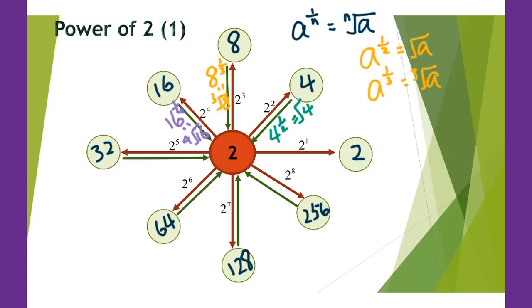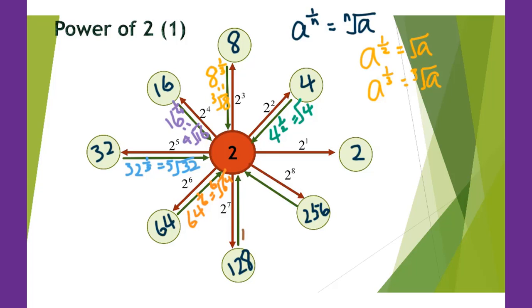For 32 to the 1/5 power equals 5th root of 32 equals 2. For 64 to the 1/6 power equals 6th root of 64, you will get 2.